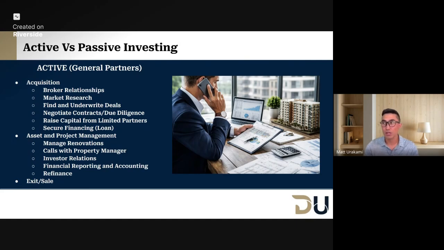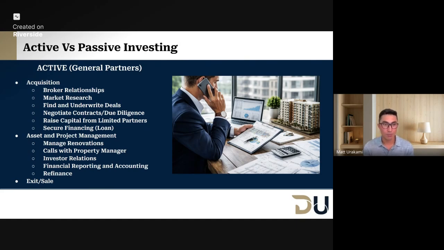Once you find those deals, you have to underwrite them. A lot of sponsors have predetermined markets that they've researched and like, so they'll target those markets specifically and underwrite deals they like there. Once you find a deal you like, there's negotiating contracts, the entire due diligence process through escrow, raising the capital from limited partners, and then securing the loan.